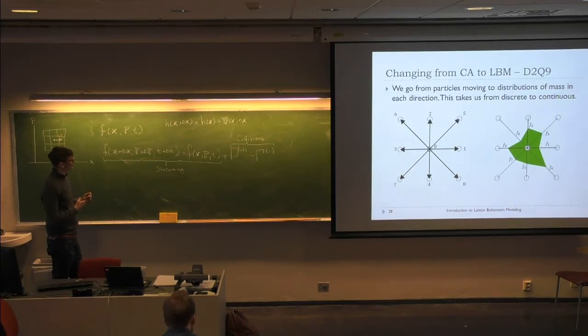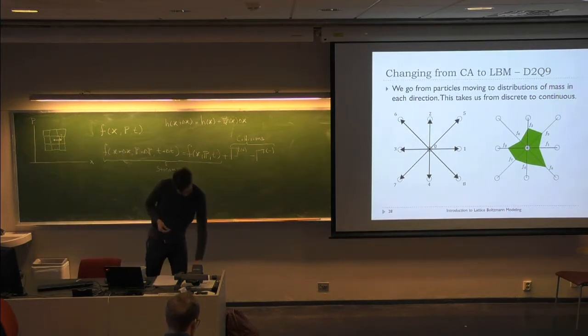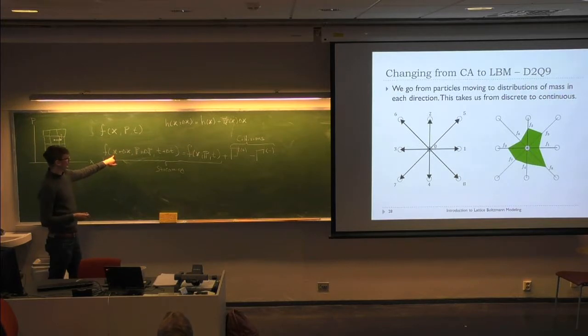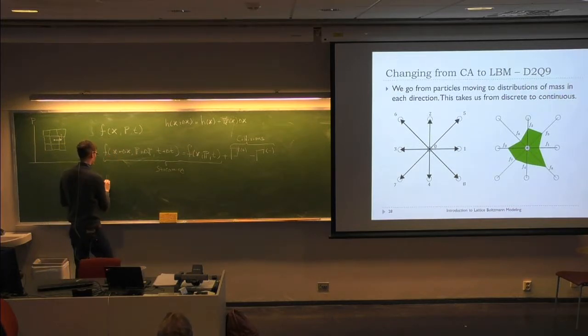Let's see. Yeah, I'm missing the differences, right? The dx and the dp and dt. But because now we want to do the Taylor expansion of this, we get f of x, p, and t, right?